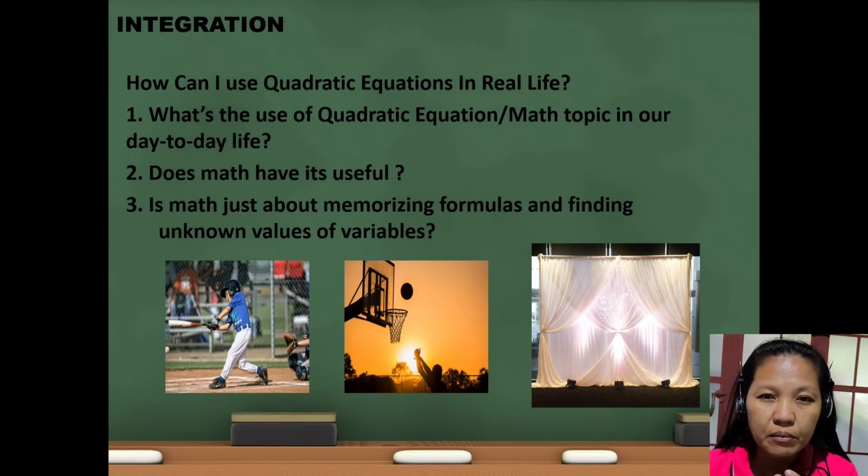The players of basketball and softball can produce a parabolic line or curve as they play the game. In TLE, students can form a very simple quadratic design of curtains.